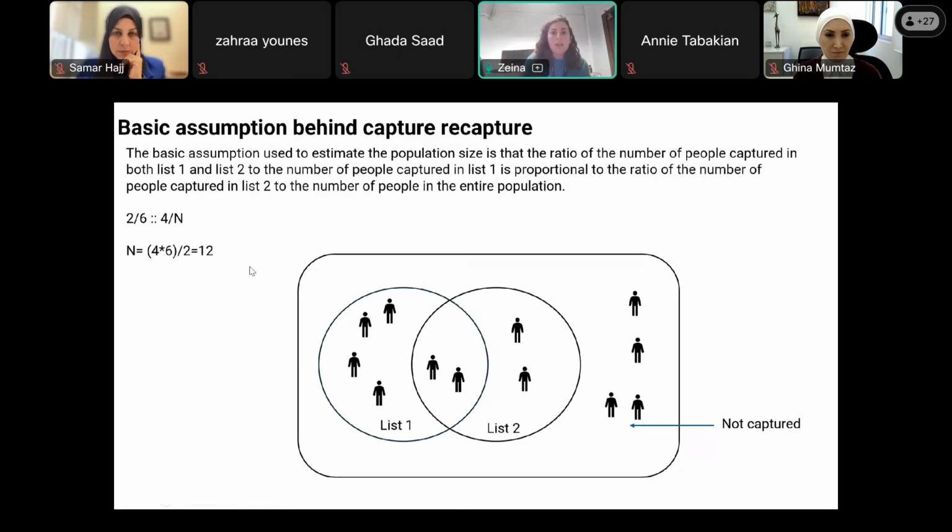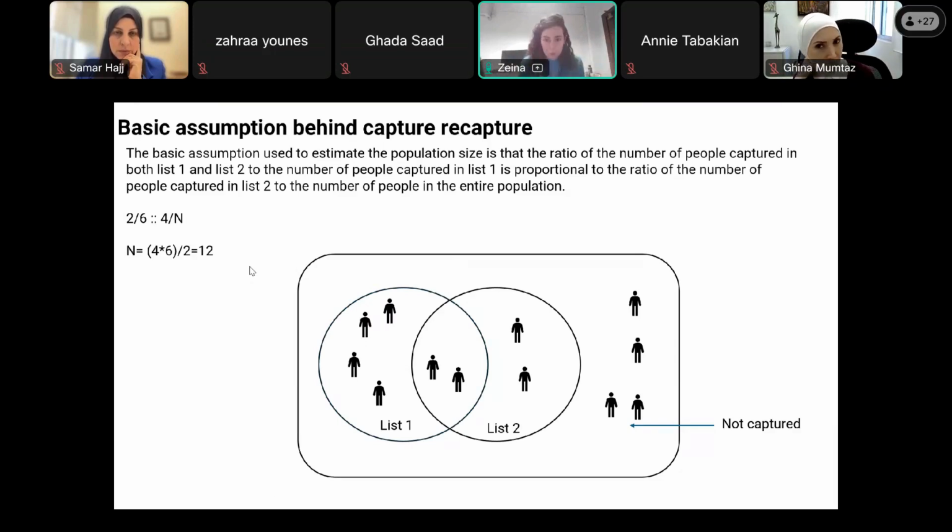The next day, they recapture a group and they count how many were actually tagged. And the idea is that if you have more fish that were tagged, your total population is actually smaller. And if you have fewer fish that were tagged, your total population is actually bigger.